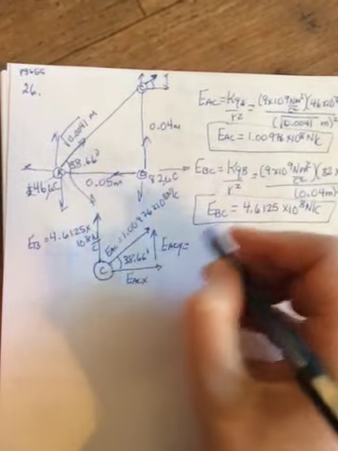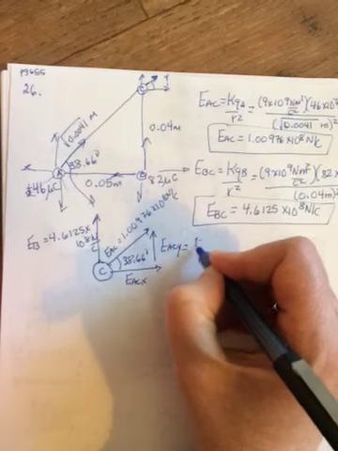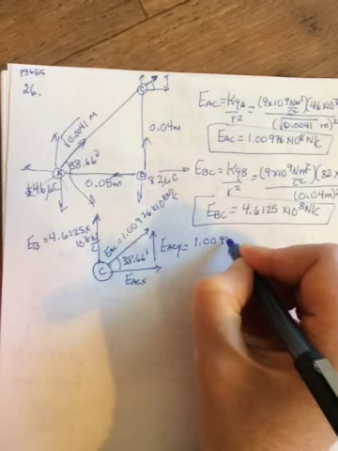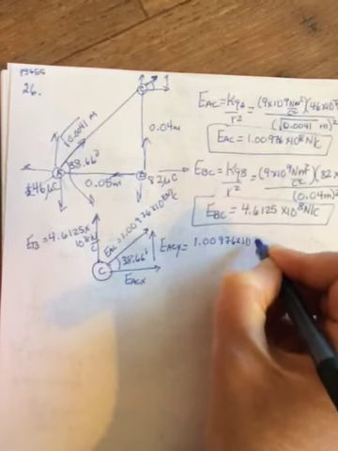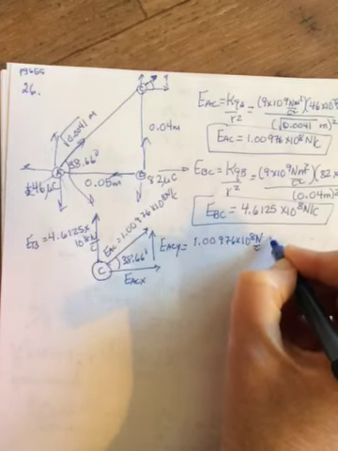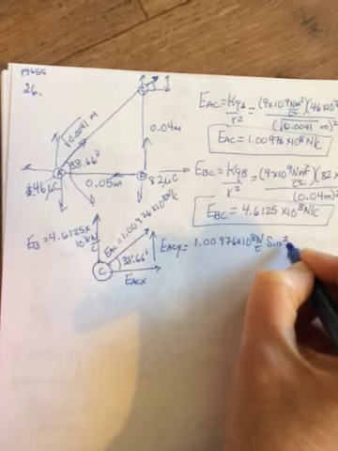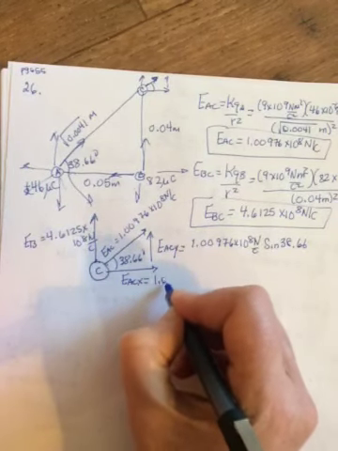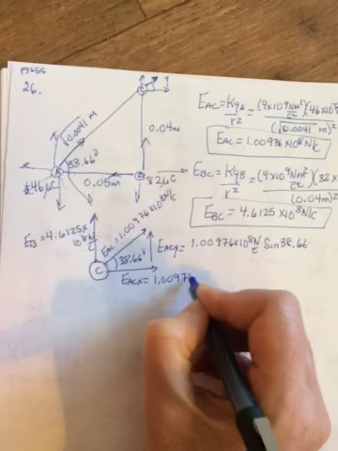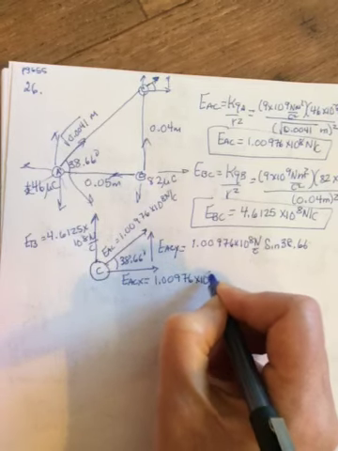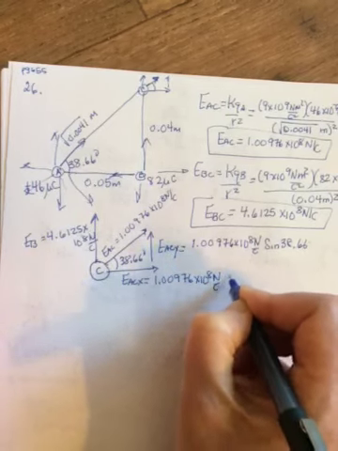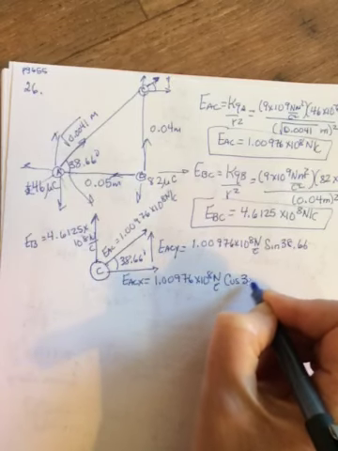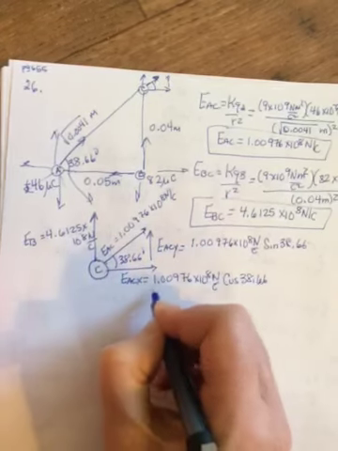Okay, so the Y component is going to be 1.00976 times 10 to the 8th newtons per coulomb times sine of 38.66. And your X component will be 1.00976 times 10 to the 8th newtons per coulomb times cos of 38.66.